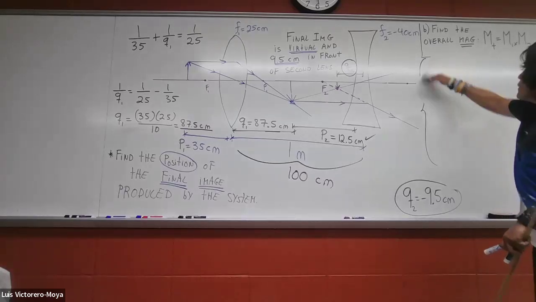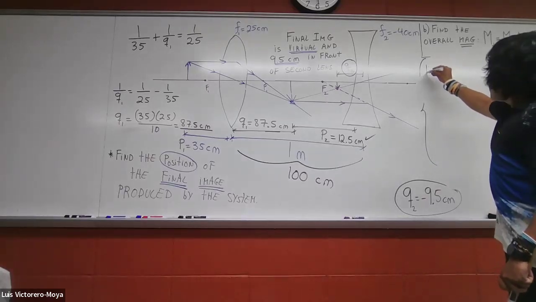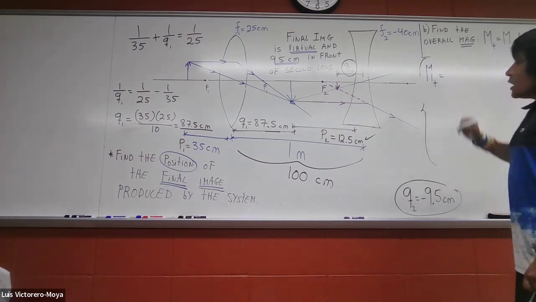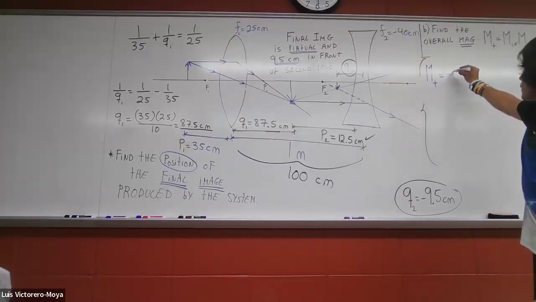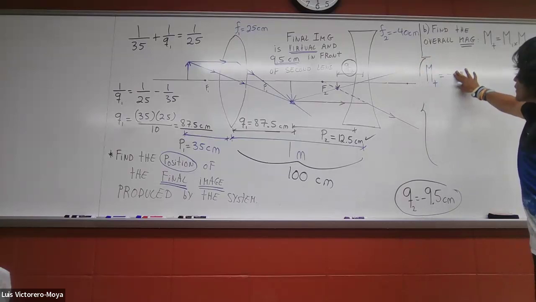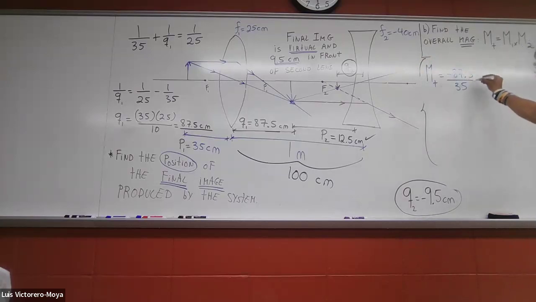Okay. So the total magnification is, for M1, negative Q1, so negative 87.5 over P1, multiplied by negative Q2, but Q2 is negative. So negative 9.5 over P2, 12.5.